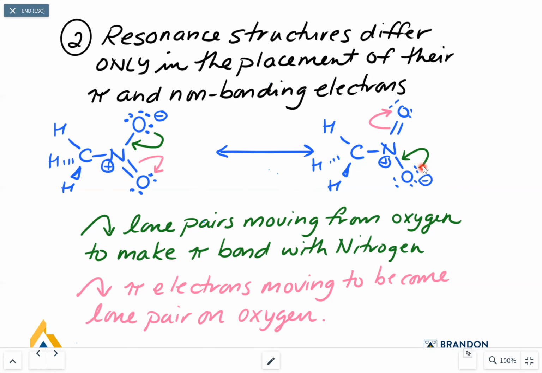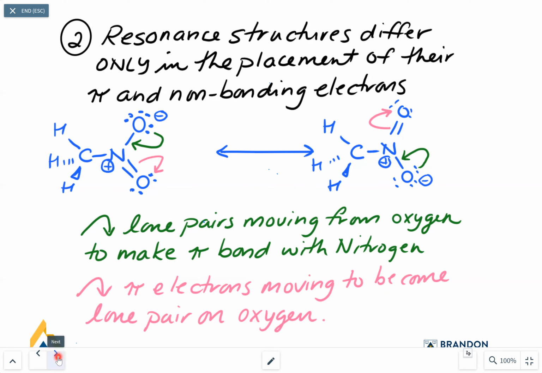To move back to the way we came, these lone pair electrons are going to move to make the pi bond, and the pi electrons are going to move up to the oxygen to make a set of non-bonding electrons. So the green arrows basically represent lone pairs moving from oxygen to make pi bonds, and the pink arrows represent pi electrons moving to become electron lone pairs on the oxygen.